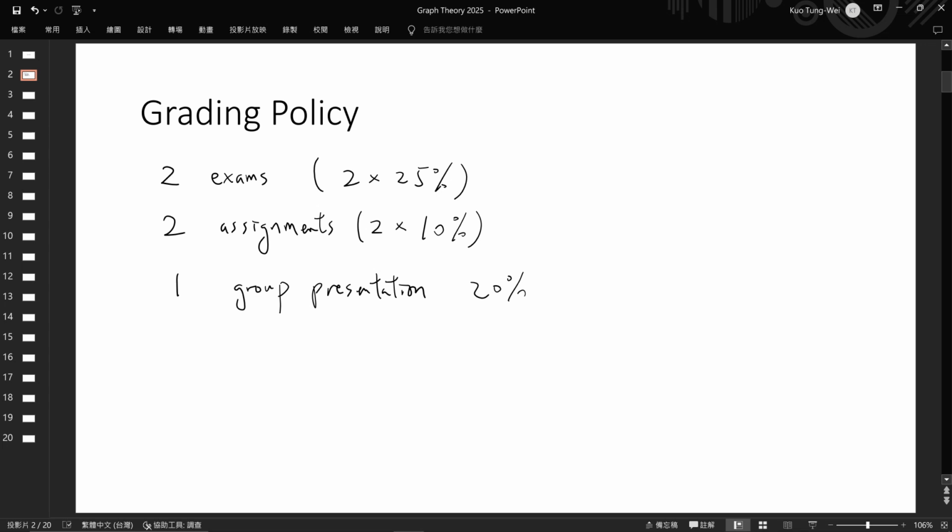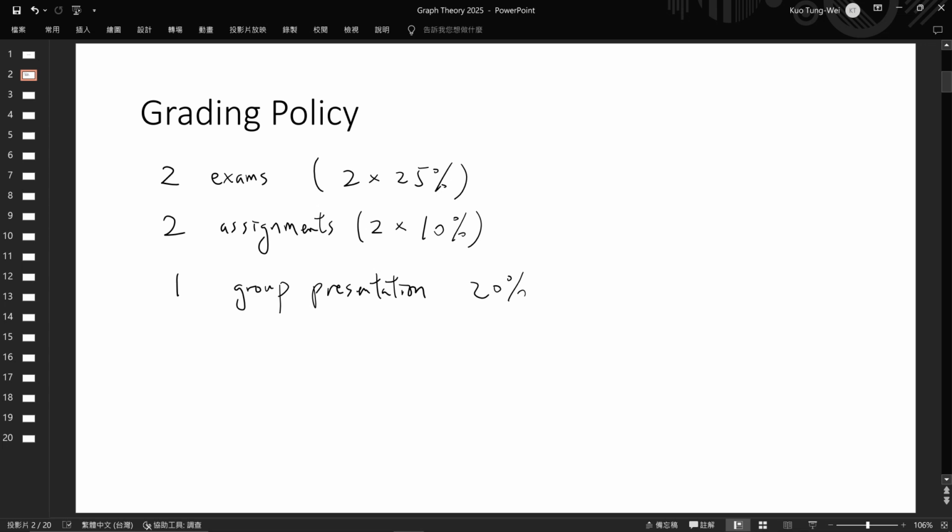For this group presentation, you need to form groups, and you have to choose a paper related to graph theory, obviously. In computer science, there are many different fields that are related to graphs, so I think it's quite easy to find a paper that is related to your own research and also to graph theory. You have to find one such paper and present it in this course.